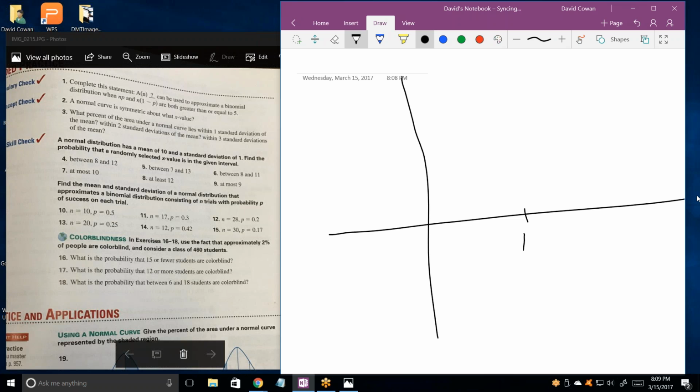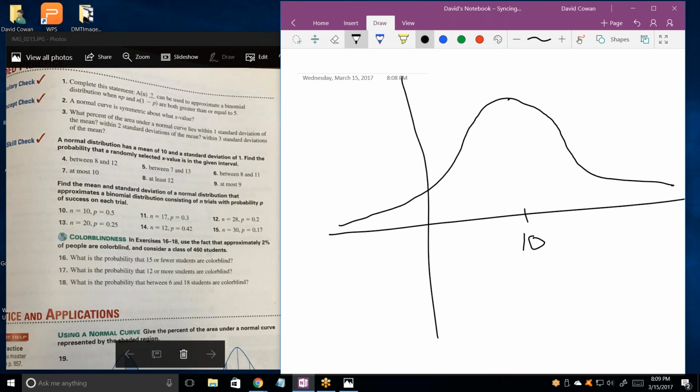So at 10, that's where my peak is. So my curve has to look like this. And they're telling me the standard deviation is 1. So find the probability that a selected x value is in the interval between 8 and 12.